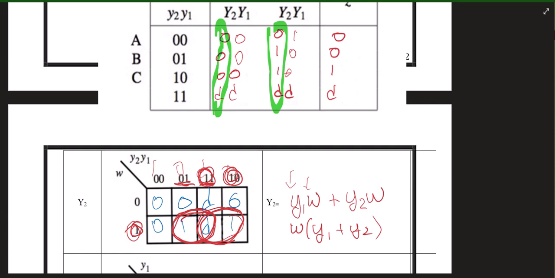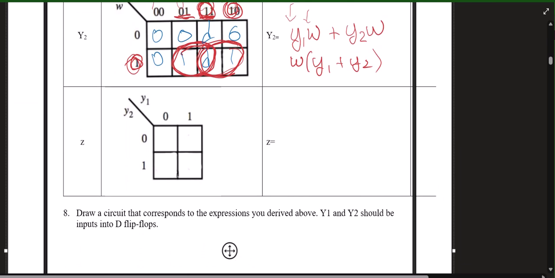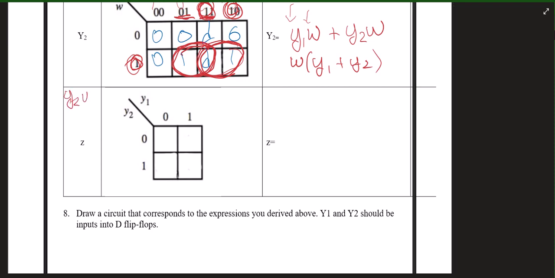Okay, so now we're going to look at the Z. Now remember, the output depended only on the input. I'm sorry, only on the state. The output depended only on the state. And if you go back and look at your state assigned table, we had an output of 1. The state assigned table is in the order of Y2, Y1.